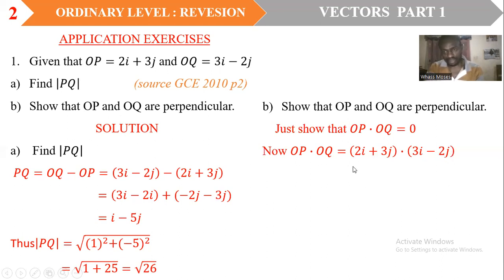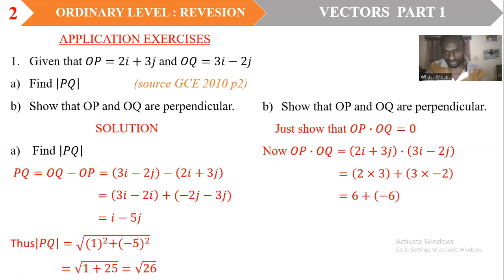Here, the dot product simply means multiplying corresponding components together. For the i components, you have 2 times 3, and for the j components, you have 3 times negative 2. That is how we find the dot product, as you have been taught in elementary vectors.